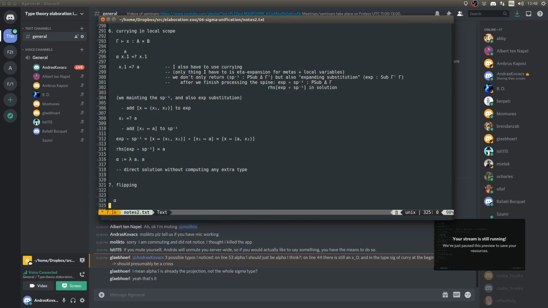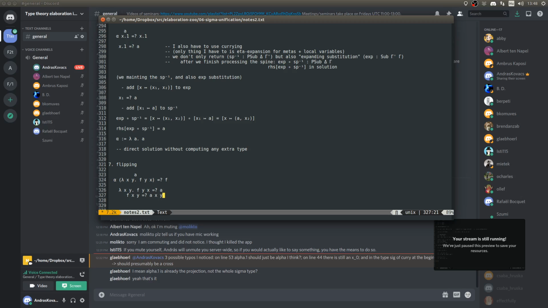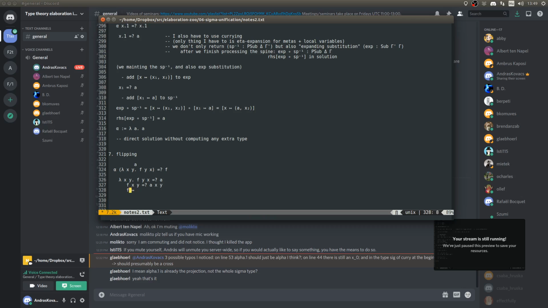If I do an alpha lambda xy dot f yx, and I want to unify this with f, okay, then I unify with a, which means that I have to unify f yx with a xy, but this is already a pattern problem, so I can return the substitution which maps f to lambda xy to a.